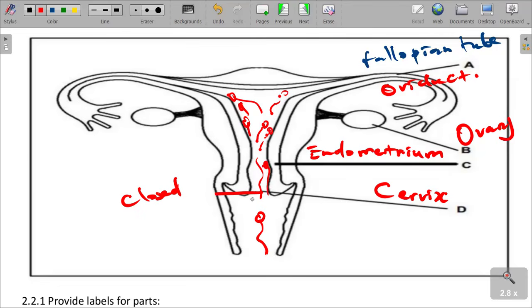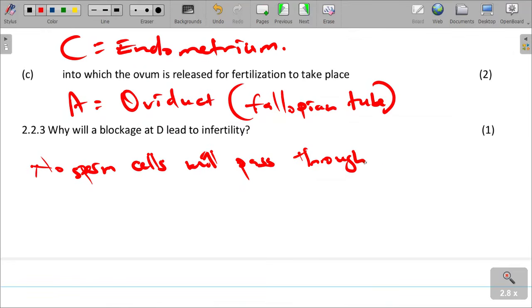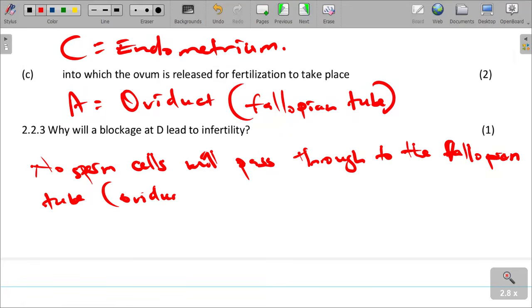If it is blocked, no sperm cells can pass through to the fallopian tube, or oviduct, for fertilization to take place.